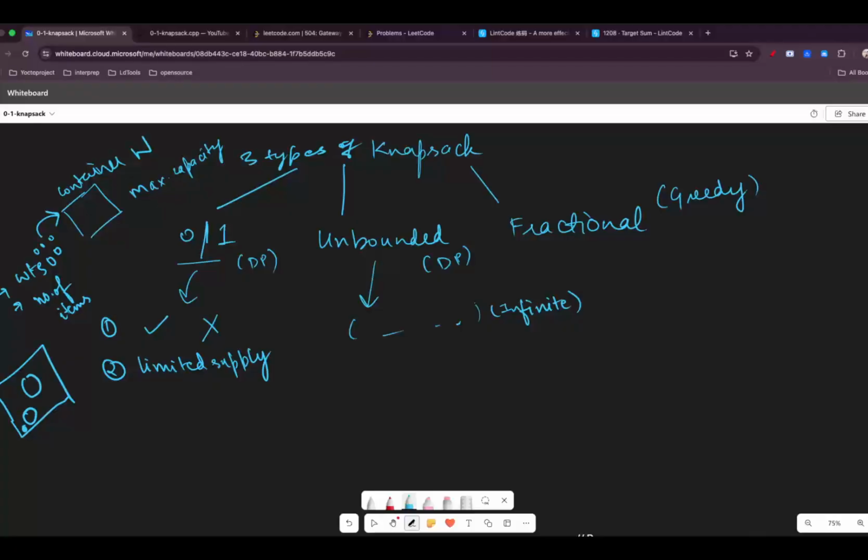Even if you use bigger weights, there will be some spaces where you can have the smaller weights also. So you need to optimize in such a manner that whatever maximum possible weights there are, you can put into the container and have the maximum capacity possible.